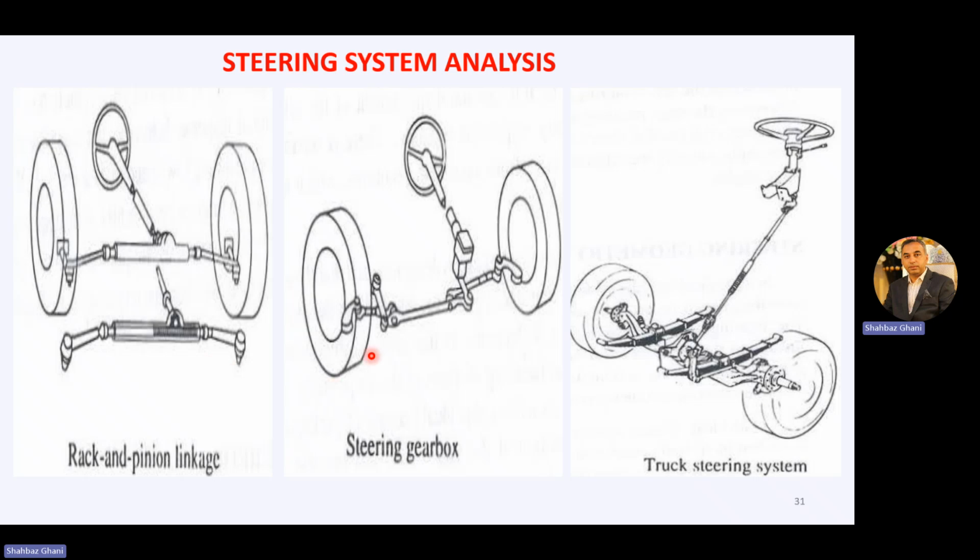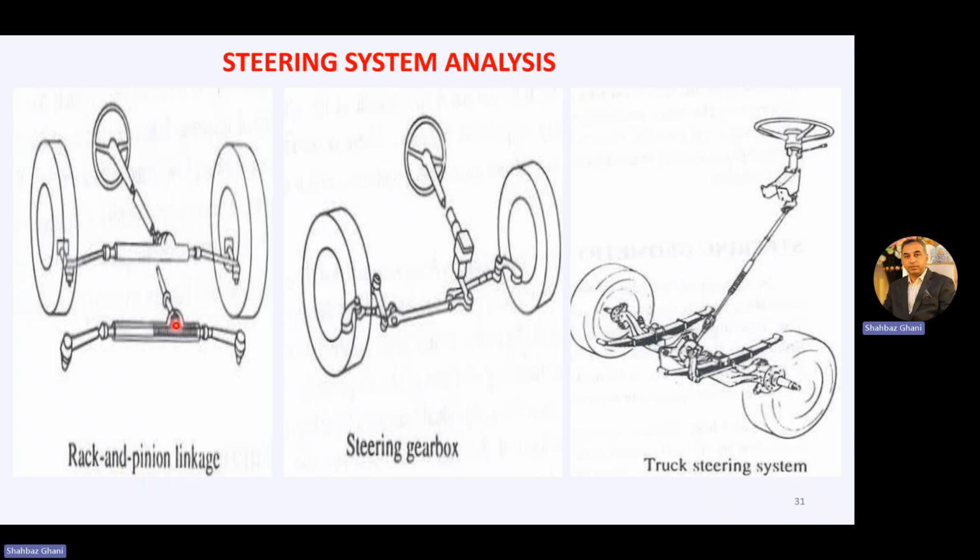We have talked about the major parts of the steering system: the steering wheel, the steering column, then the steering gearbox, and linkages. Now, further developing on the same, we now analyze the steering system. We have a different kind of configuration here.